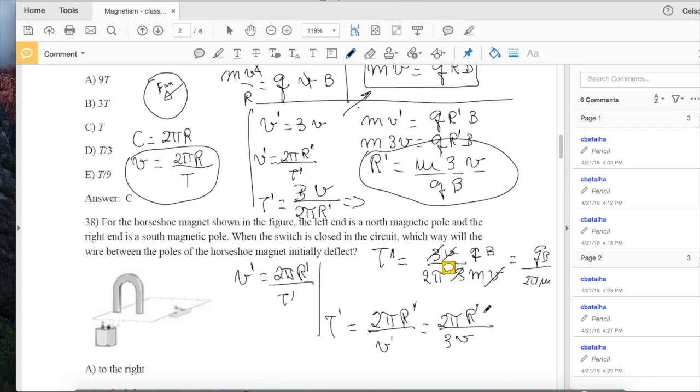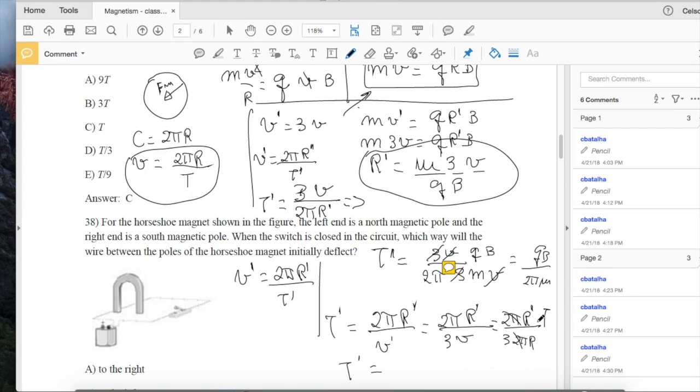And v is equal to pi r divided by t. Now 2 pi cancel, and that's interesting.